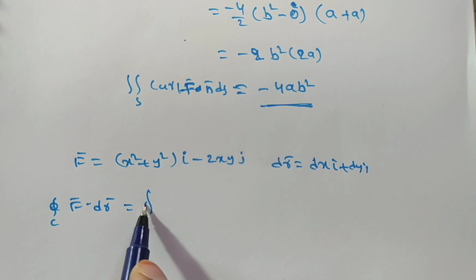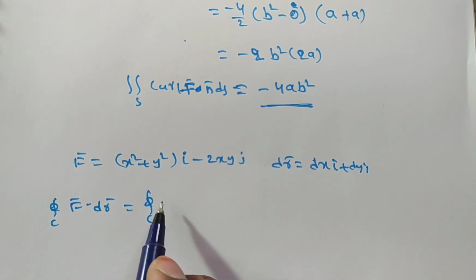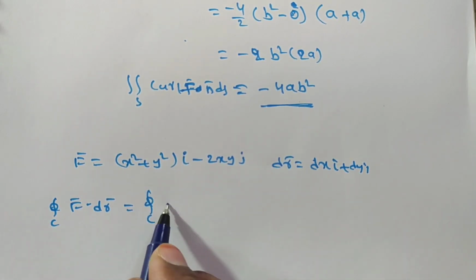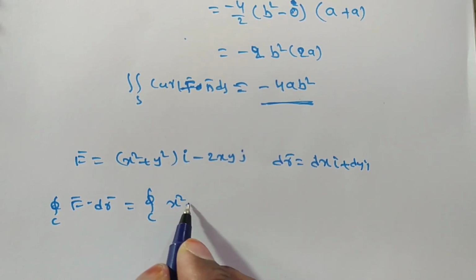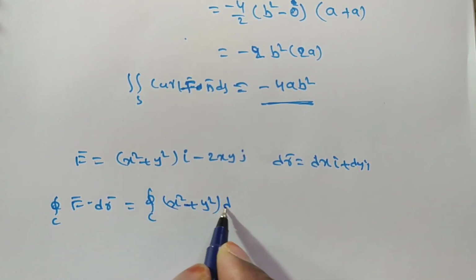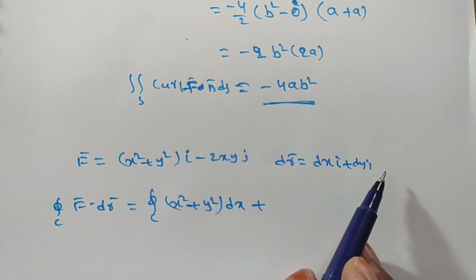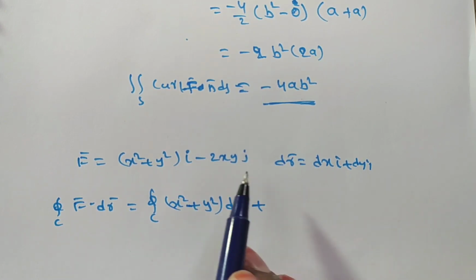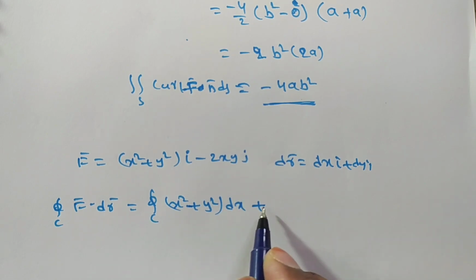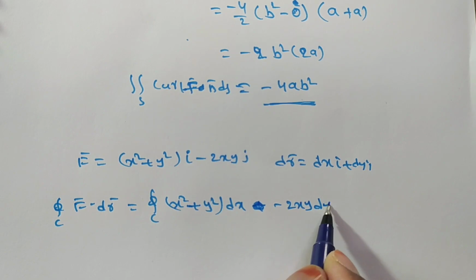So in this case we will have the closed integral over c of x square plus y square into dx, because i dot i is 1. It is f1 dx plus f2 dy only, not f3 dz, because there is no k coefficient. The k coefficient is 0 and here also you don't have f3. So this is plus, into minus, I can write here minus 2xy into dy.